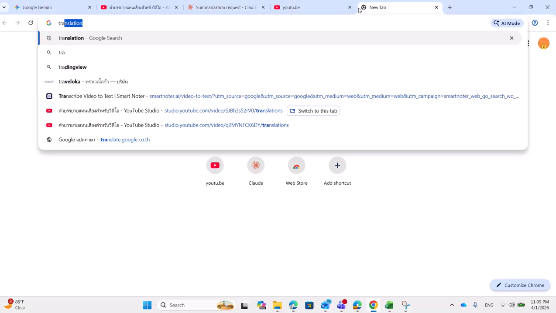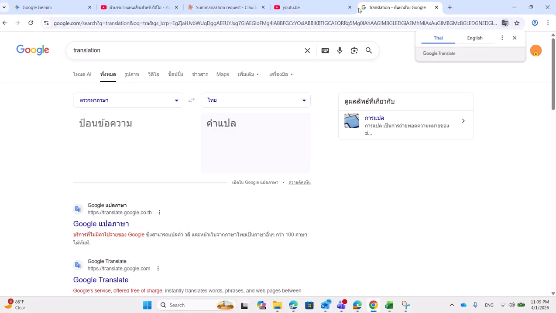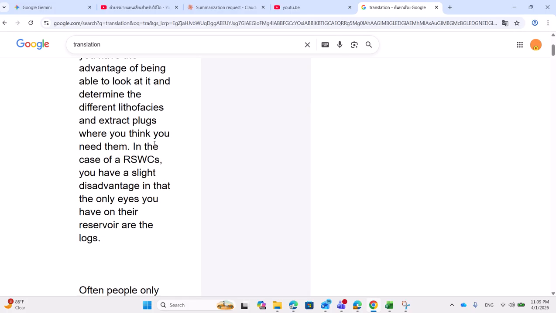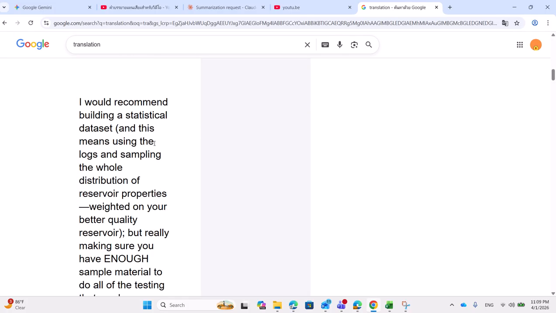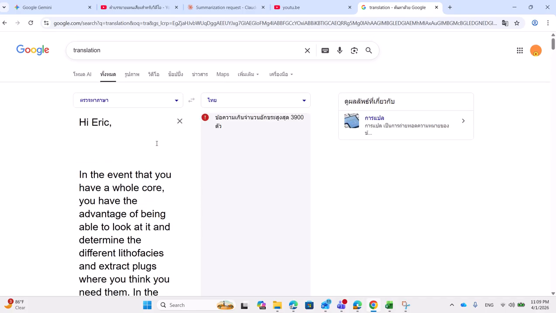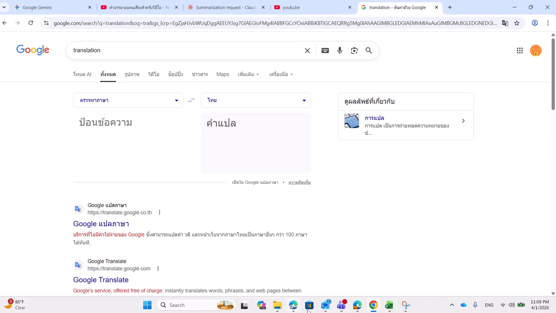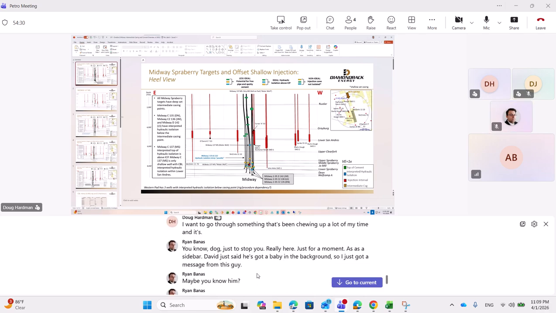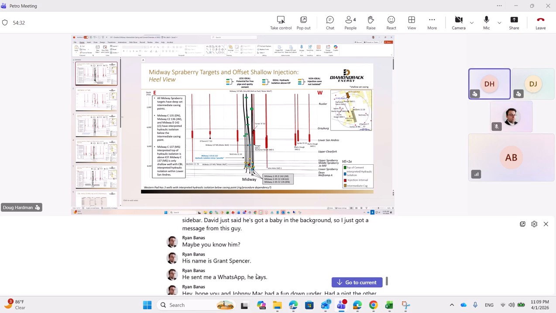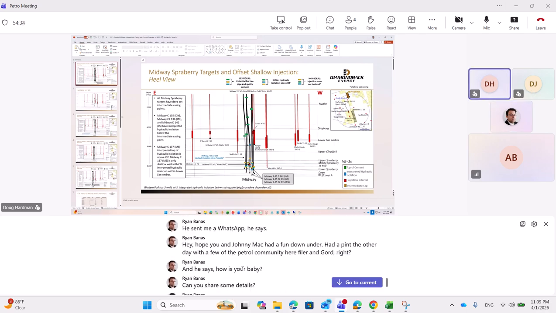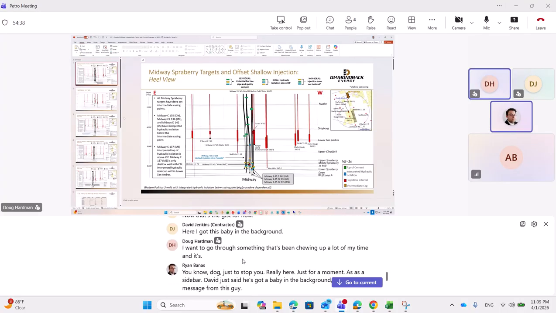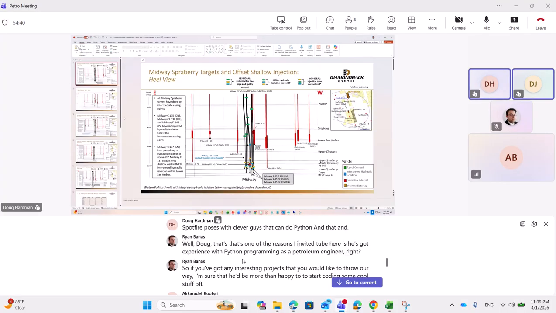Can you share some details, weight, size, eye color?" There, Doug. Did I spill the beans? Beans are all over the floor, Doug. I'm slipping on them. We're all waiting to buy your program. The baby. Yes.